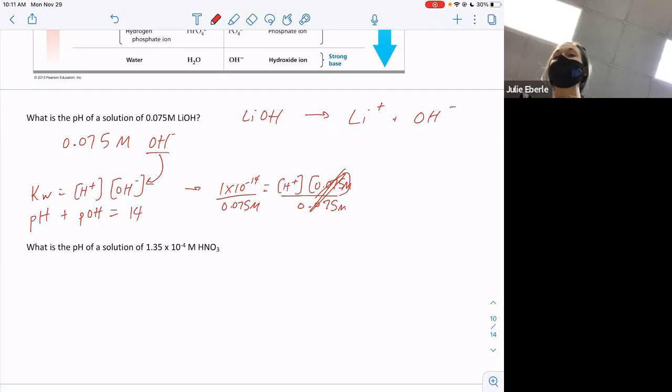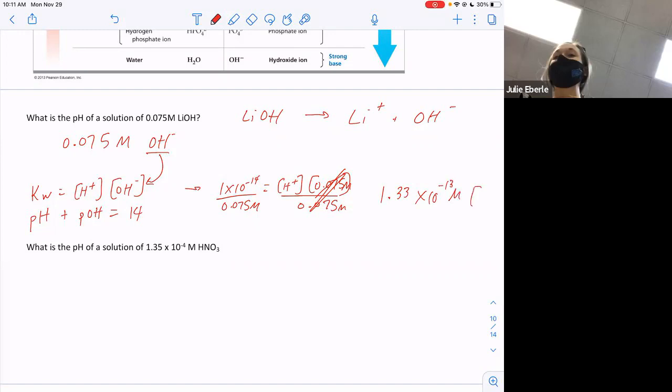I'll need y'all's help. 1 times 10 to the negative 14 divided by 0.075. I got 1.33 repeating times 10 to the negative 13.